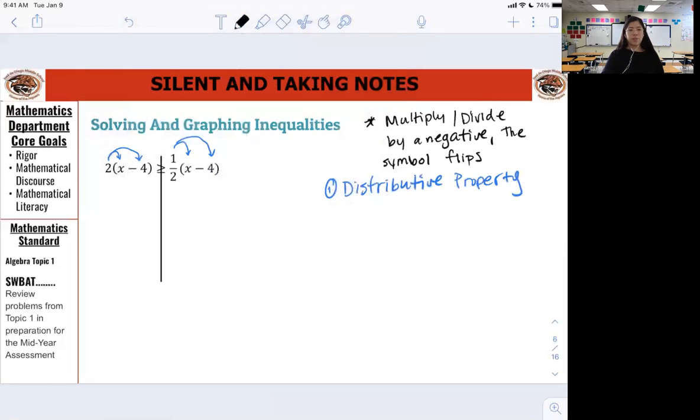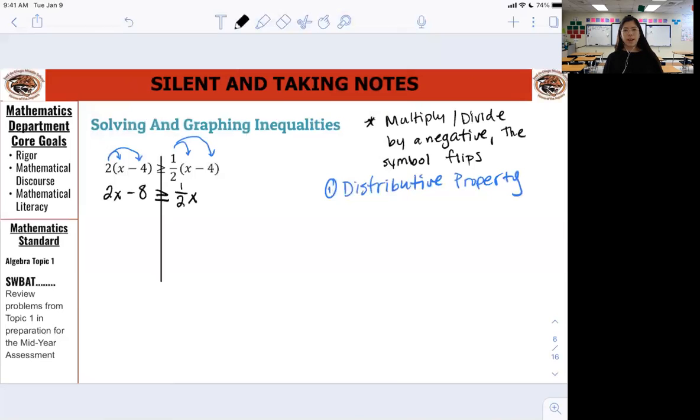On the left side, 2 times x is 2x. 2 times -4 is -8. Greater than or equal to 1/2 times x, which is just 1/2 x.